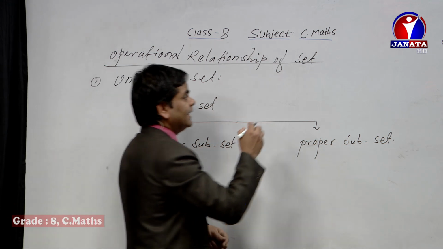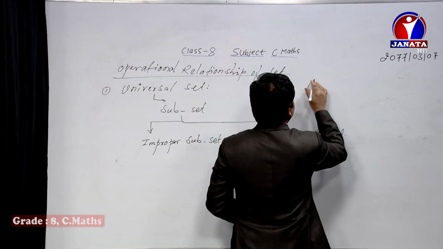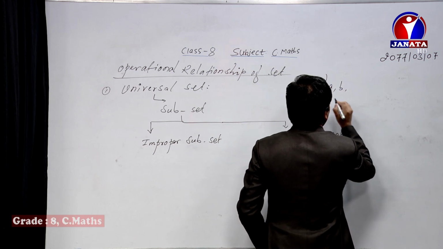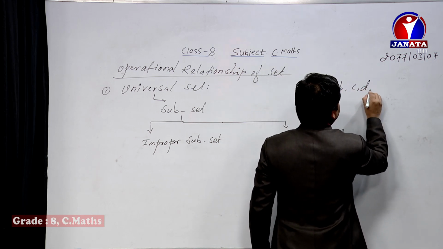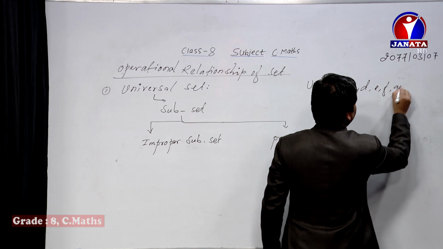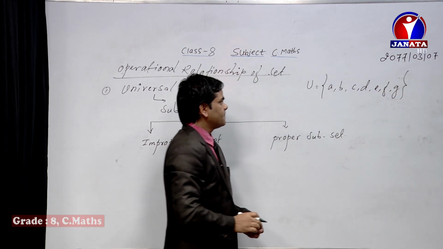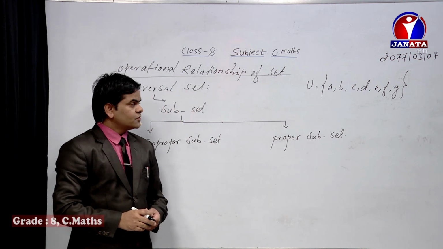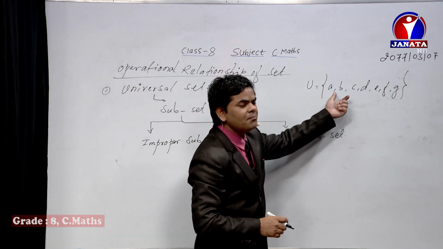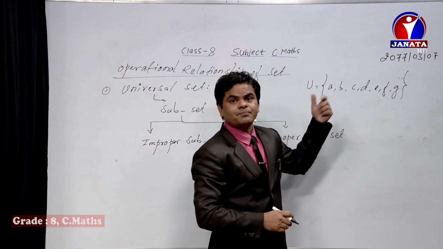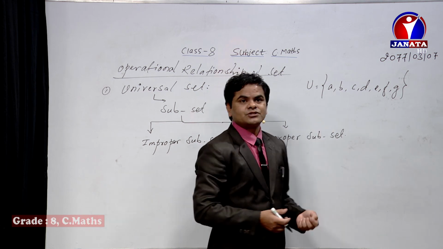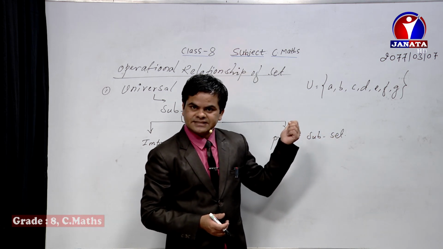So, first of all, let's take a universal set. U contains the elements, the alphabets A, B, C, D, E, F up to Z only. Universal set has the members A, B, C, D, E, F, G. By taking some elements of this set, if we prepare other sets, those are known as subsets of this universal set.